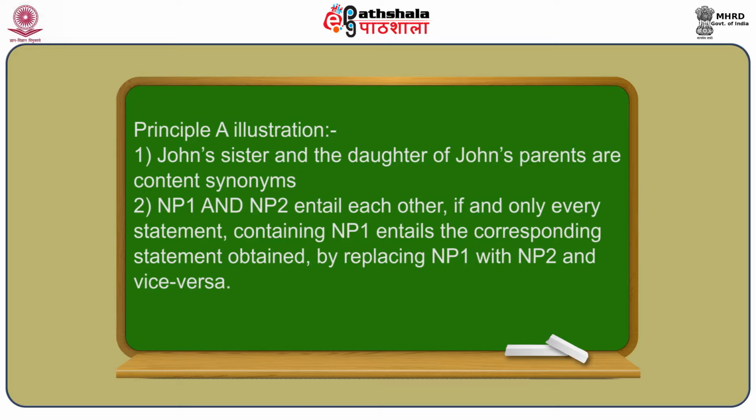Okay. While the notion of entailment does not apply directly to NPs, we can extend the notion to NPs by saying the two NPs, NP1 and NP2, entail each other if and only if every statement containing NP1 entails the corresponding statement obtained by replacing NP1 with NP2 in it and vice versa.